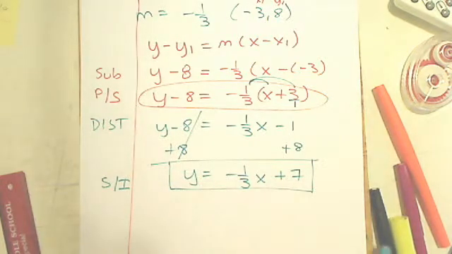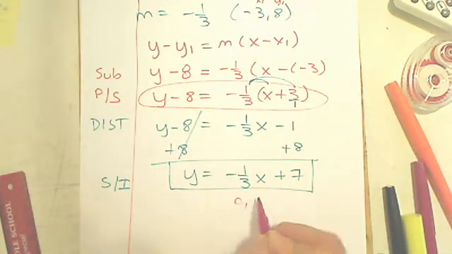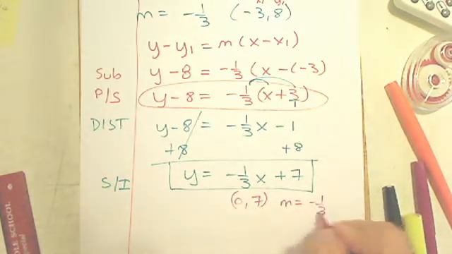Stephen, what's my first point I graph? Stephen? No. Y equals mx plus b. B is 7. 7 is the first point I graph. Negative 1/3 is my slope.